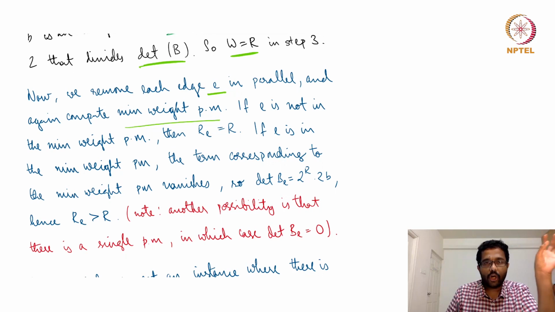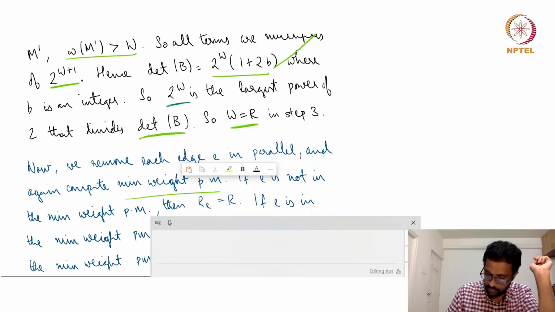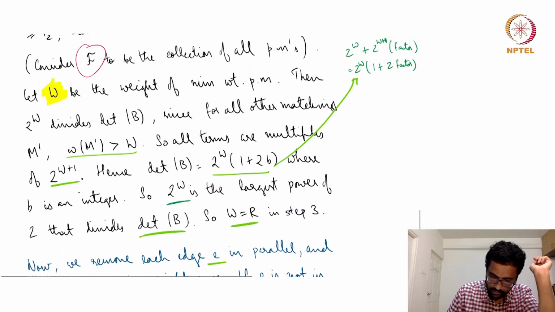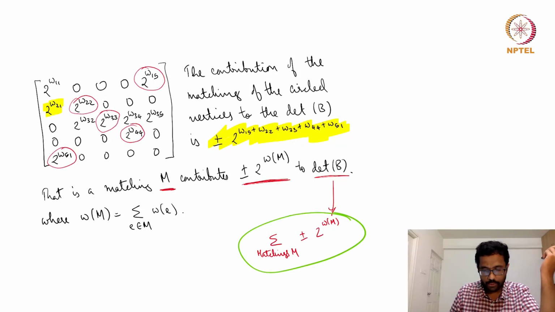Suppose E is not in the min weight perfect matching. For instance, in this matrix over here, the edge W21, the edge 21, is not in the perfect matching. So if you remove 21, the old unique min weight perfect matching still persists.